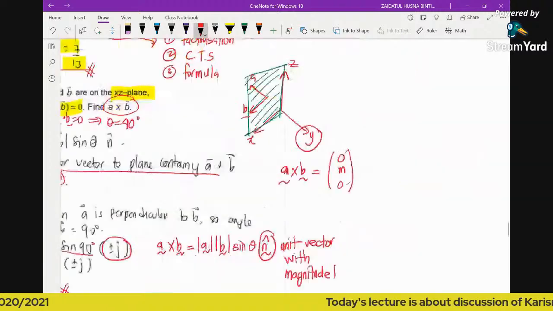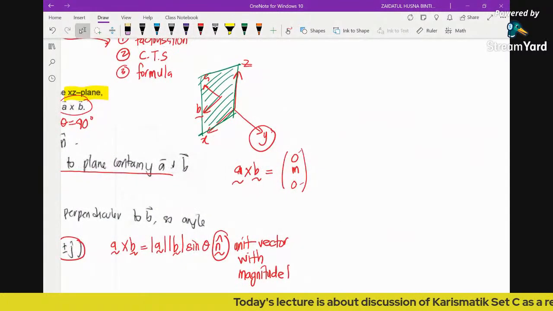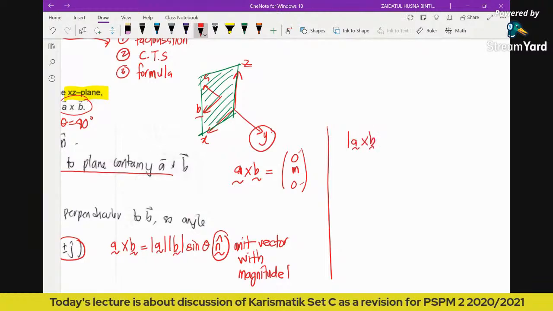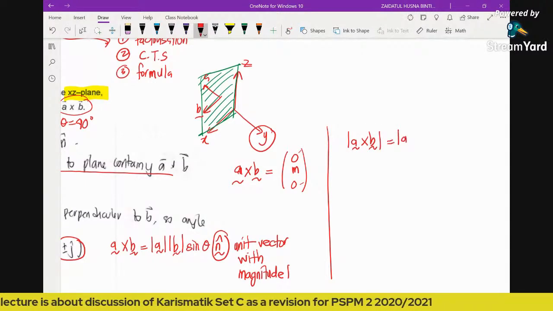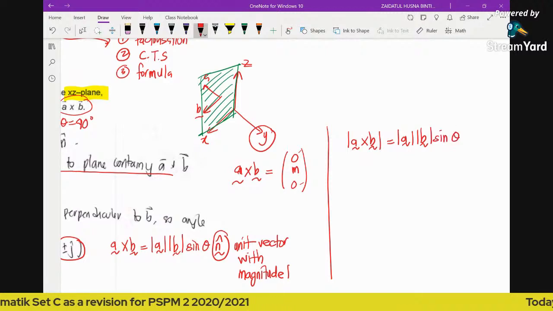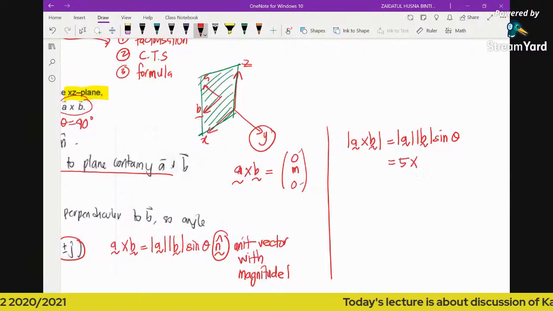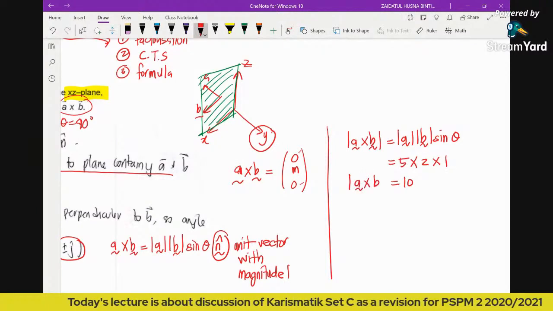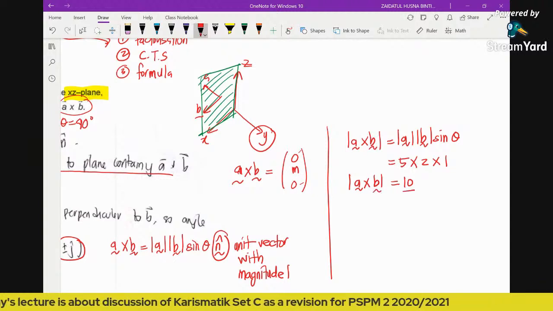Or if you want to solve this, you can also use this formula: magnitude of A cross B is equal to magnitude of A, magnitude of B, sine theta. Because the magnitude of A is 5, the magnitude of B is 2, and sine theta is 1, the magnitude of A cross B is equal to 10.